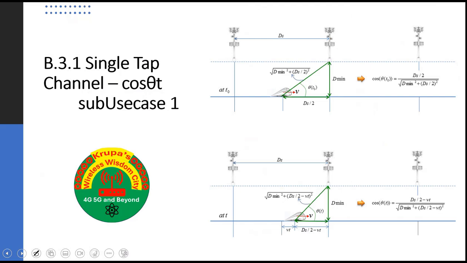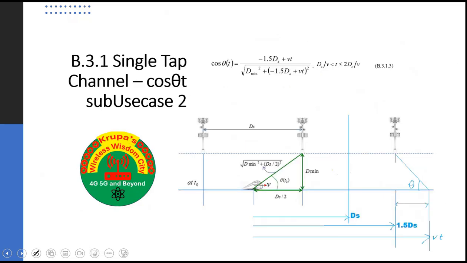So I think this is what I was talking about in detail of the equations in the previous slide, and I had given a single slide so that you can understand in detail. Next, let me go to the next slide for another equation. You can see the other case where time is greater than ds by v, okay?